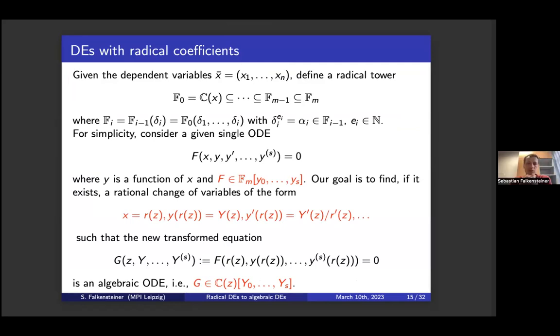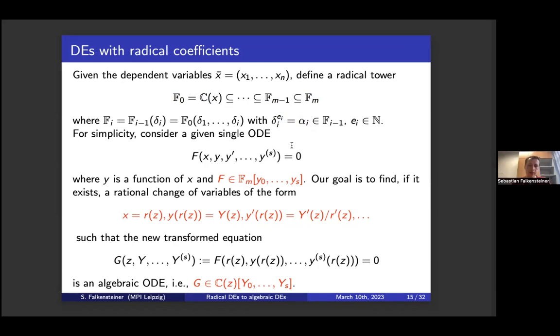Yes, you just have to collect all the radical expressions and use these deltas in order to have a minimal representation of the tower, but this is algorithmic, yes. Okay, that's correct. That means we have a necessary and sufficient condition to decide when your method succeeds.